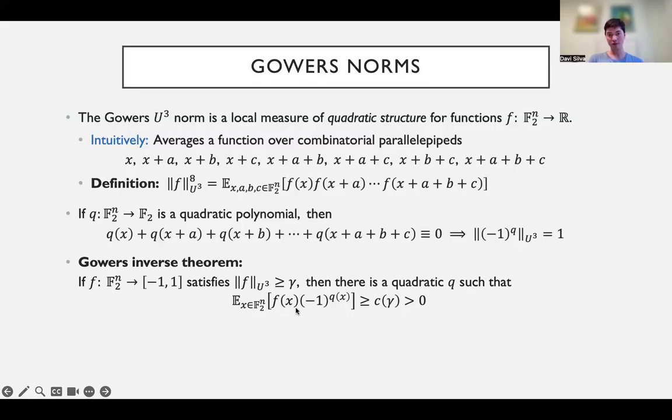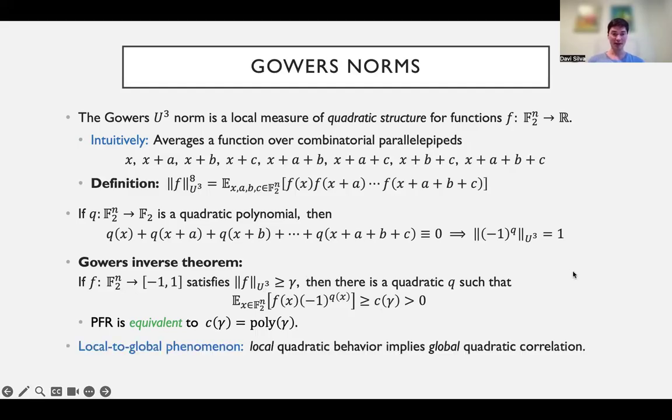So the correlation of f with this quadratic phase function is at least some constant depending only on the lower bound gamma of the U3 norm. And PFR has been shown to be equivalent to this correlation bound being polynomially related to the bounds on the U3 norm.